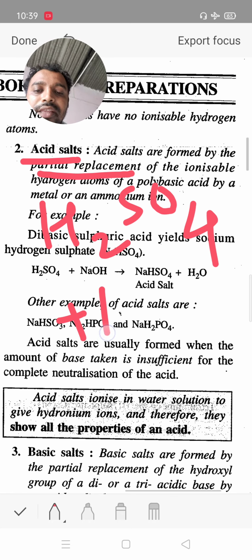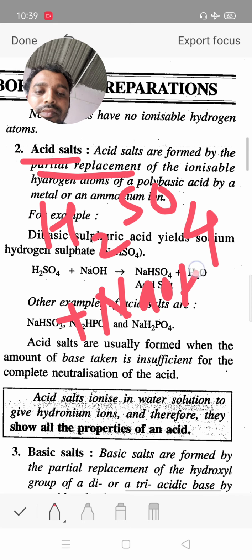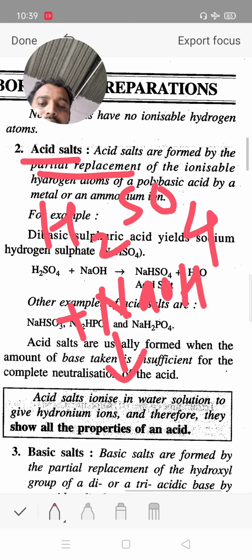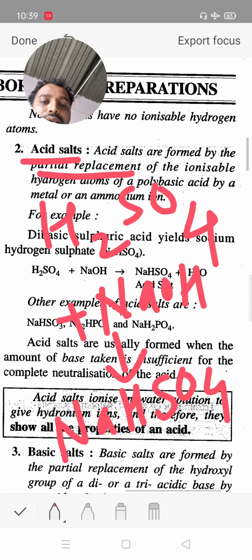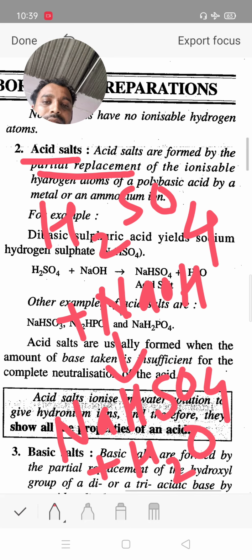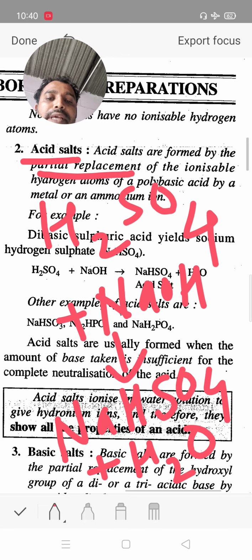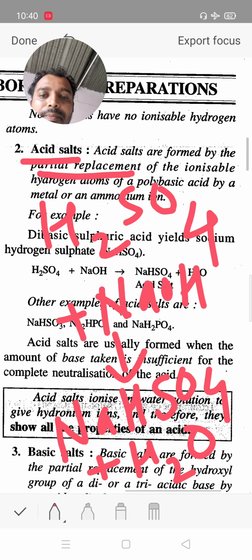It reacts with NaOH, then it produces NaHSO4 as a salt. This is an acid salt, with water as byproduct. In this, it is a partial replacement of the H plus ion or hydronium ion, so it is an example of acid salt.